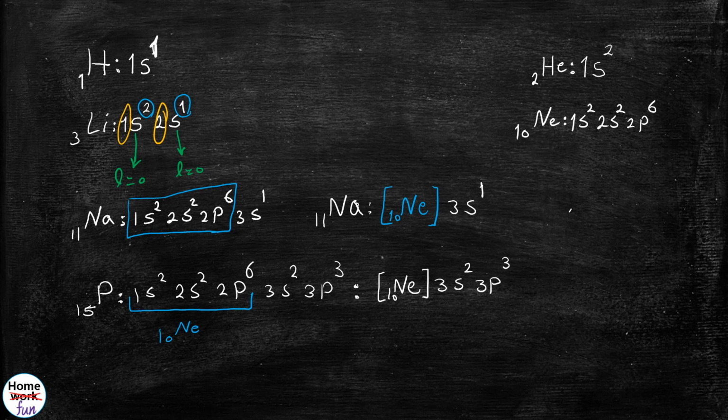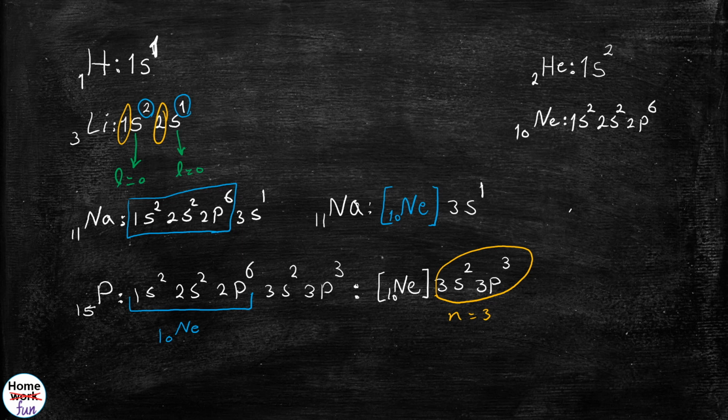So you see, in noble gas notation, the emphasis is on the highest level of electrons. This n equals 3. So the highest n, the last level. And it makes sense because that's more important, because that's the outer shape of the atom.